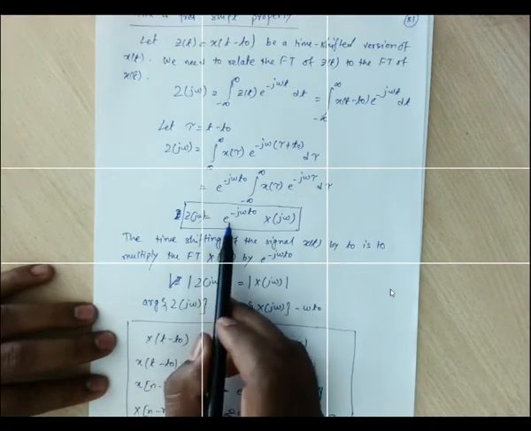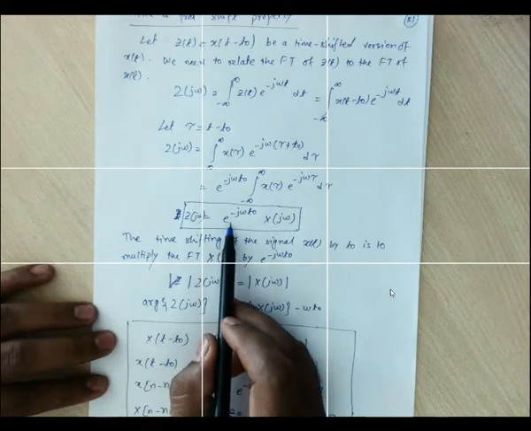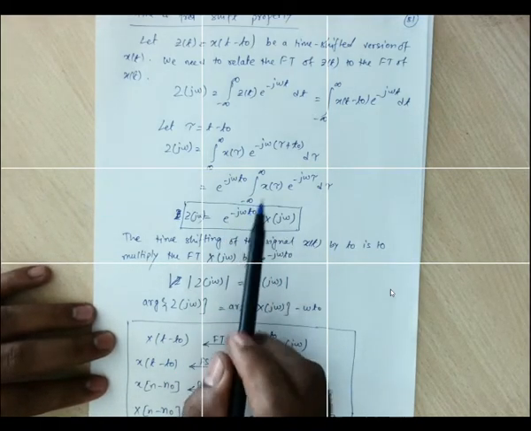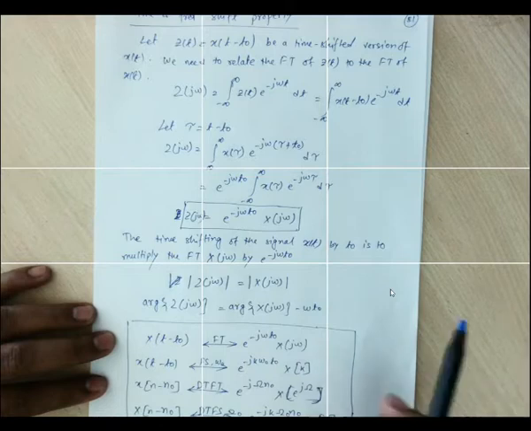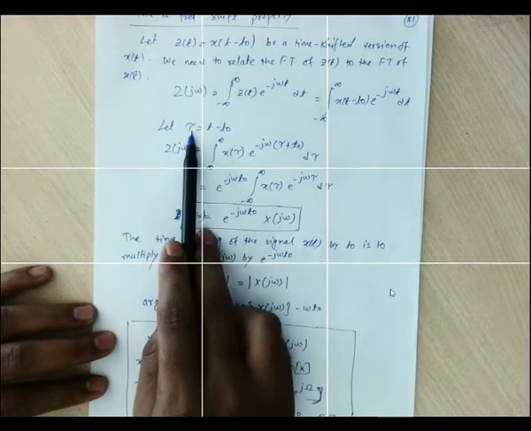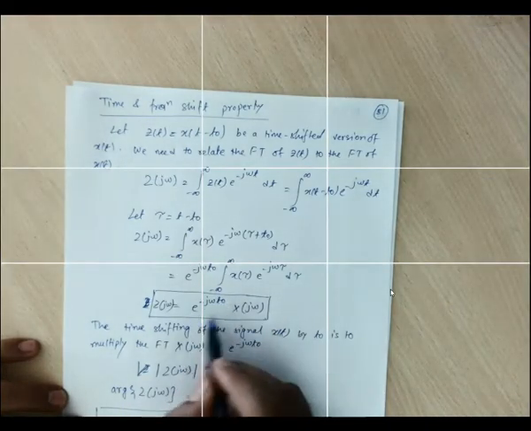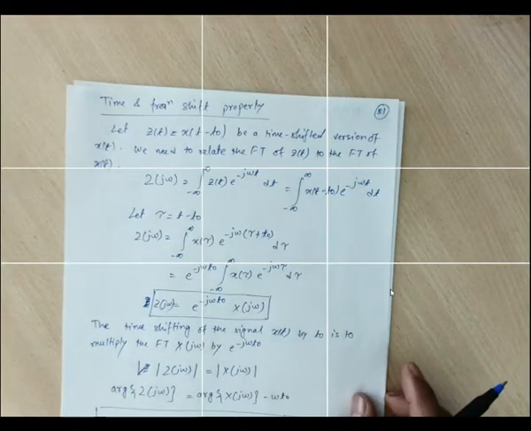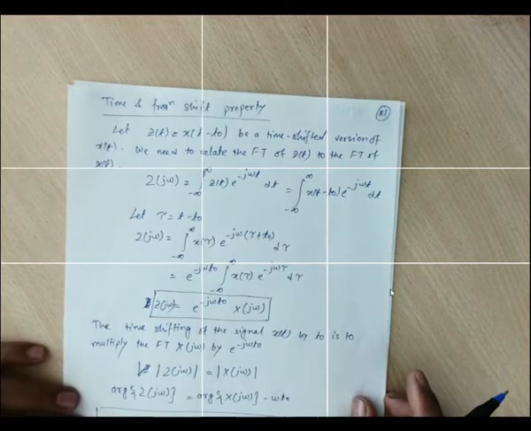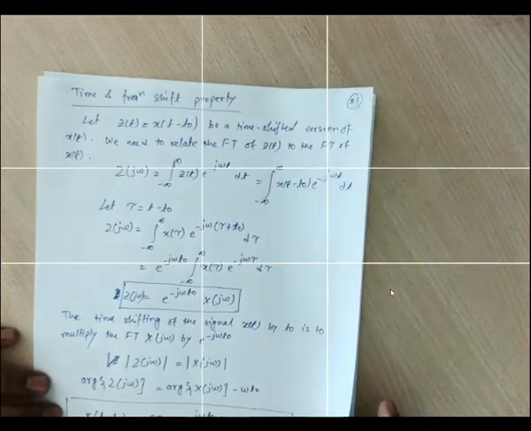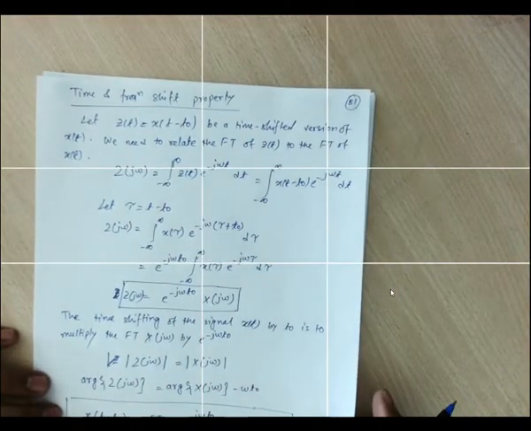So we are having this term which has been added with the term of the Fourier transform. So if we are having a signal which has been time shifted, something like that, t minus t naught, we are supposed to get e to the power minus j omega t naught along with that Fourier transform of the signal. So by using this concept we are supposed to solve a problem.